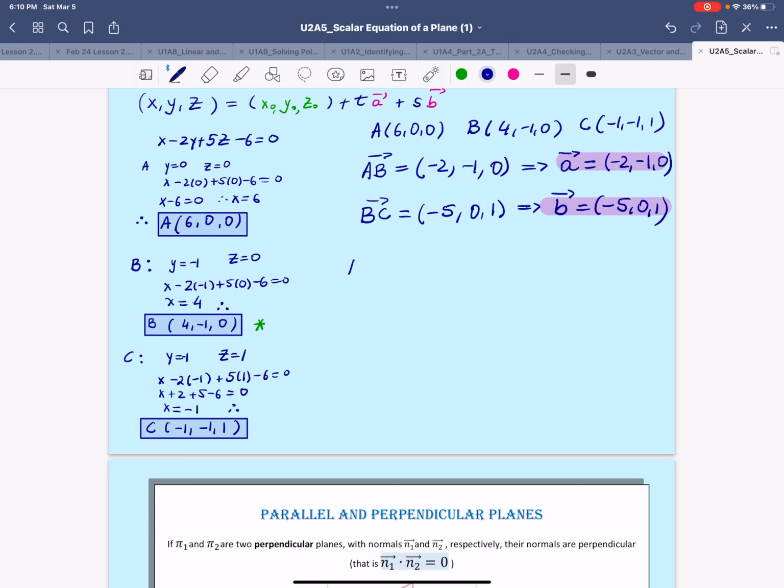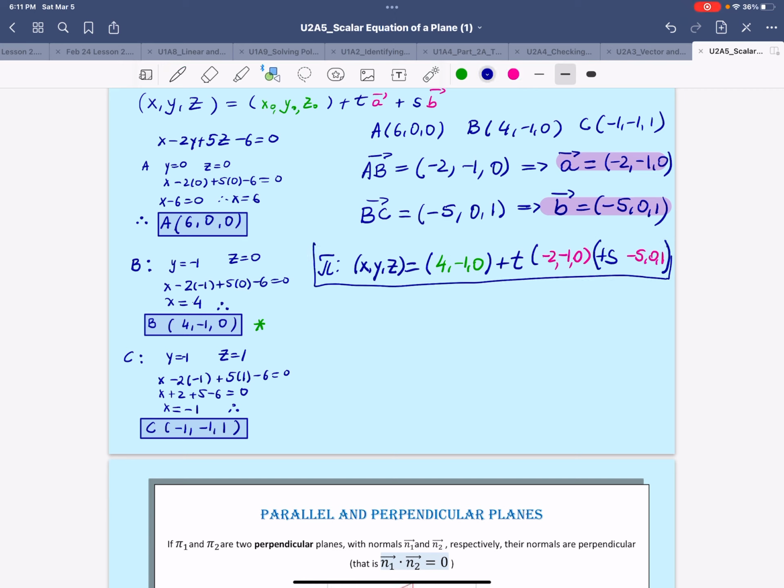So we'll say that the plane pi will have the vector equation in the form x, y, z equals 4, negative 1, 0, and then plus some scalar t times negative 2, negative 1, 0, and then plus some scalar s, and then the second direction vector, which is negative 5, 0, and 1. And there we go, the vector equation.